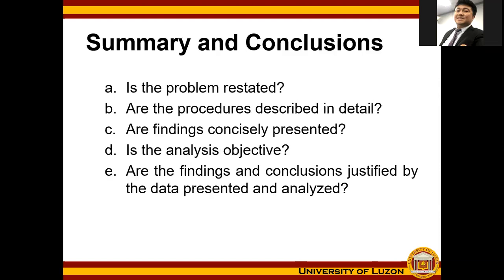And then we have summary and conclusion. So is the problem restated? But we don't give much attention anymore to this. We just have the findings concisely presented. The findings part of the fifth chapter should have a set of significant findings to correspond with each sub problem.